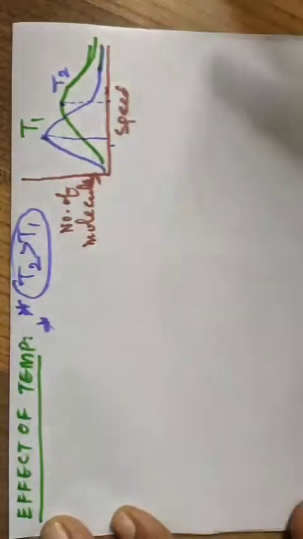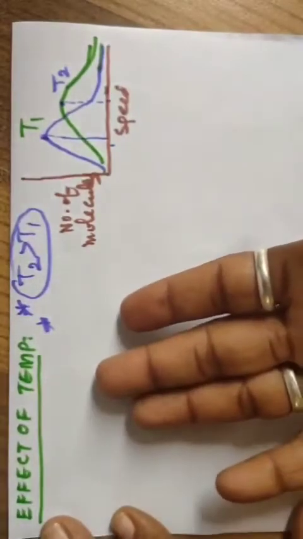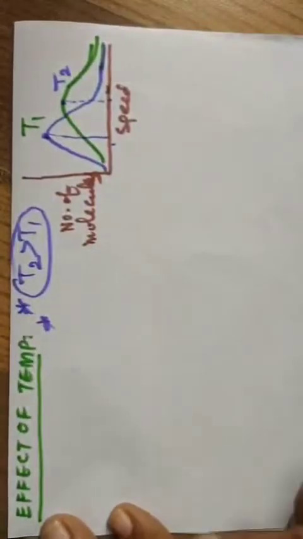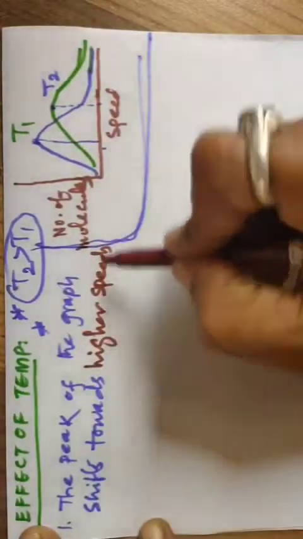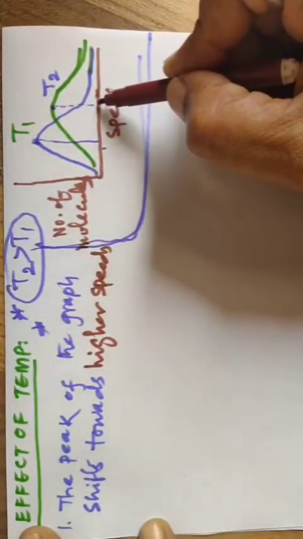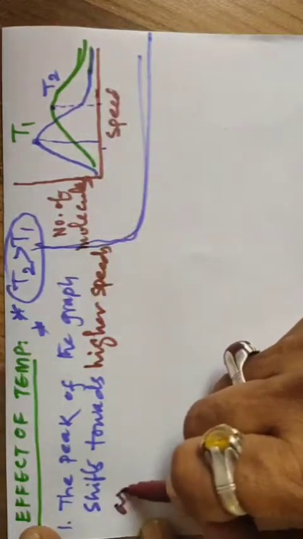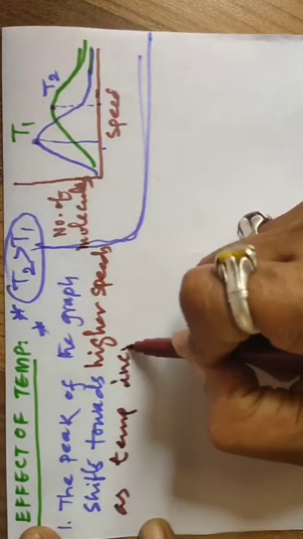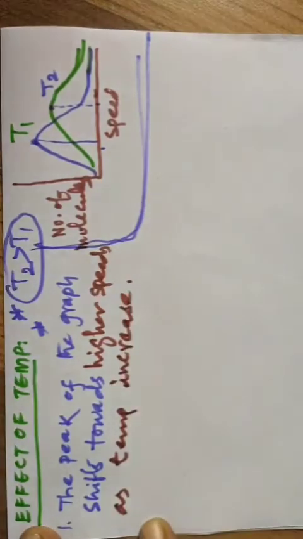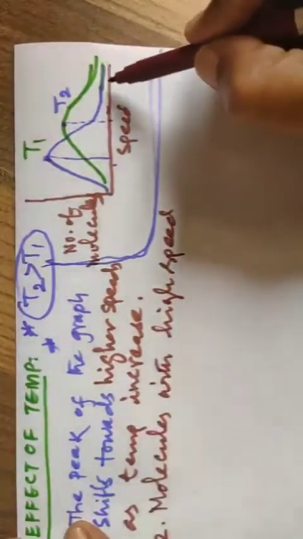So at higher temperature, the velocity of the molecules increases. That is a fundamental point you learned. Observe, the peak of the graph is shifted towards higher velocities as temperature increases. Correct? Observe the molecules with higher speed.